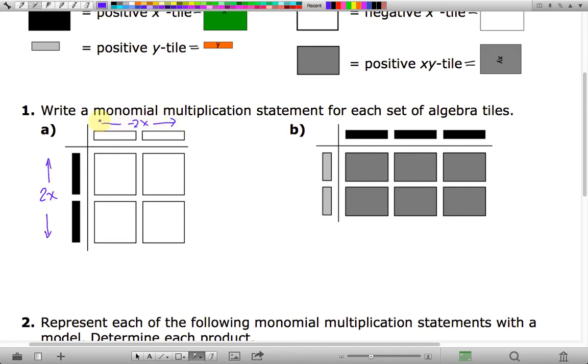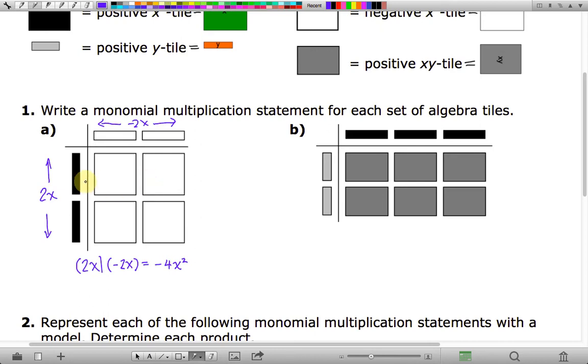I say negative 2x because these ones are white. When we multiply the positive 2x by the negative 2x, you can see that we get negative 4x squared. That's because there are 4 of these negative x squared tiles.